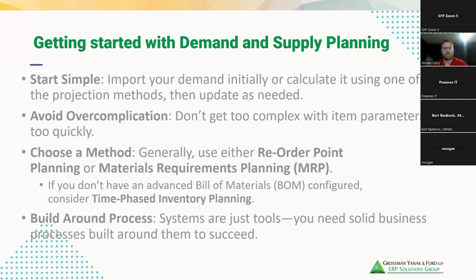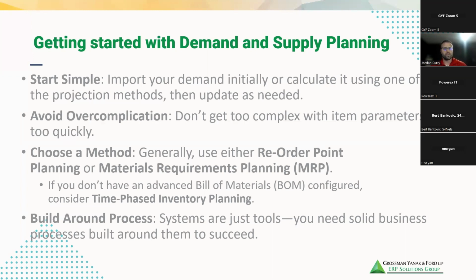Again, avoid falling into the trap of overcomplication. Don't get too complex with the item parameters too quickly. Get familiar with the item parameters, which ones work with what module, okay? Whether that's reorder point, time phased, or MRP. So when you're selecting which one to use, if you're new to NetSuite, you have assembly items, you have advanced bill of materials, and you have MRP, okay, as a feature that you can turn on.